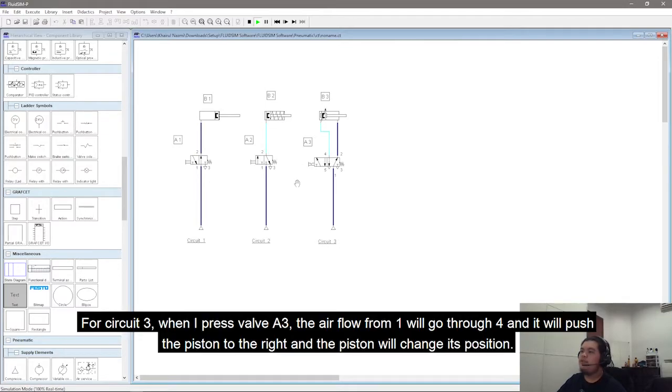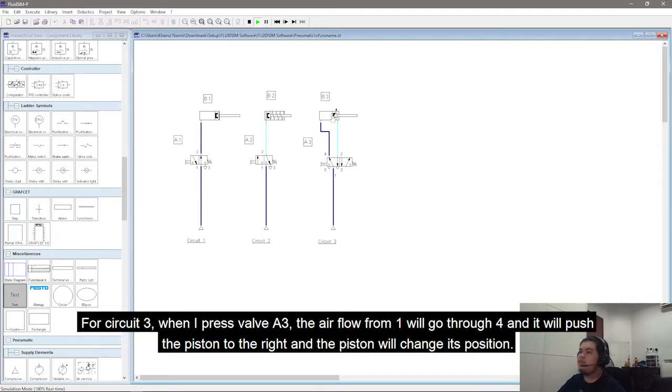Okay, for the next circuit, which is circuit 3, when I press valve A3 or push button, the airflow from here will flow through 1 and go to 4.